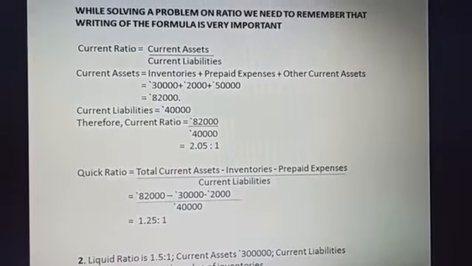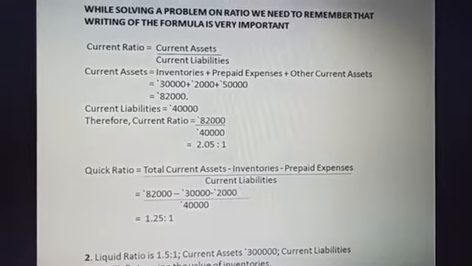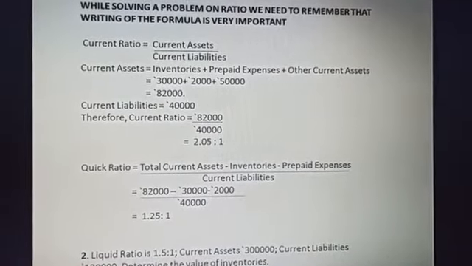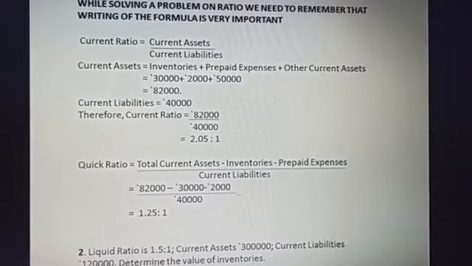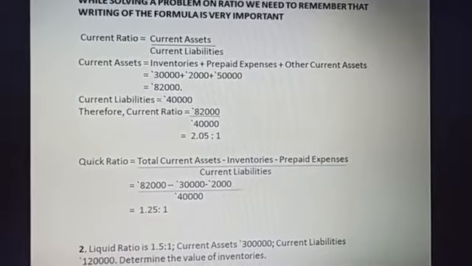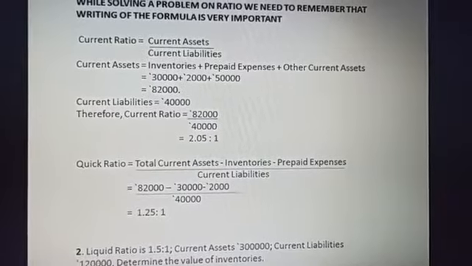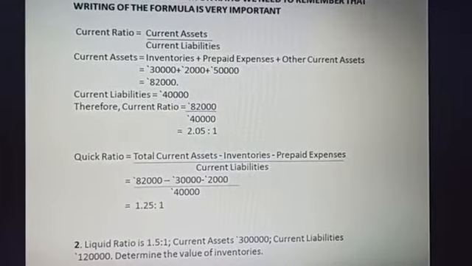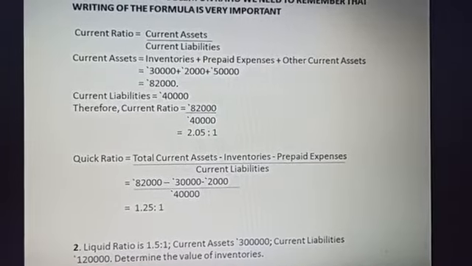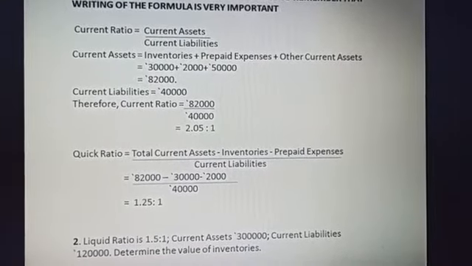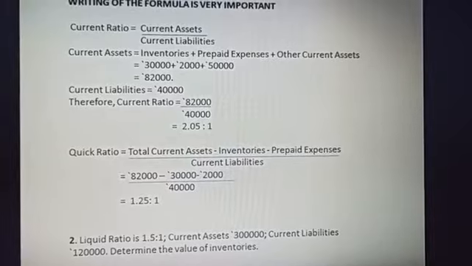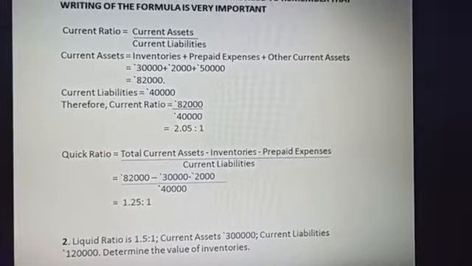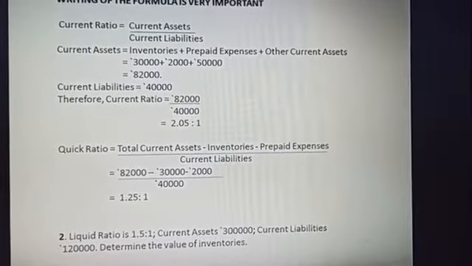Before we proceed to prepare the solution, we need to remember that writing of the formula is very, very important. Council awards marks for writing the formula. So we have started by writing the formula of current ratio, that is current assets by current liabilities. Now, current assets in the above given problem is made up of inventories, prepaid expenses, and other current assets.